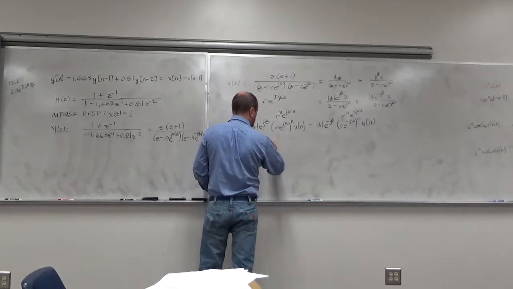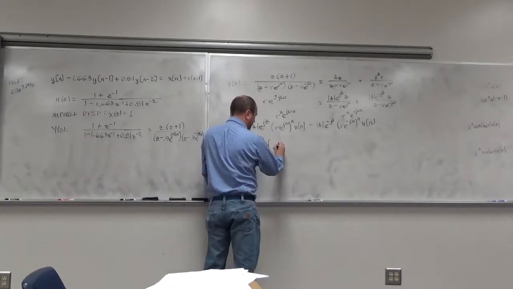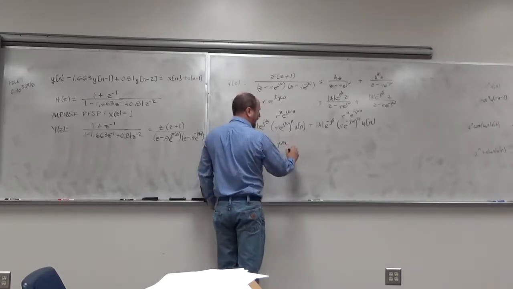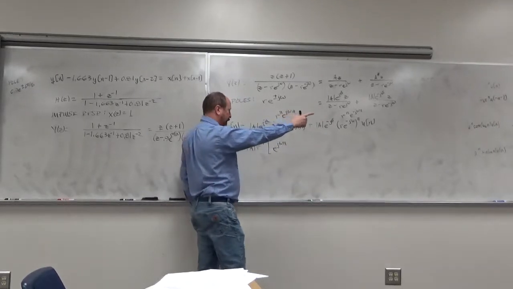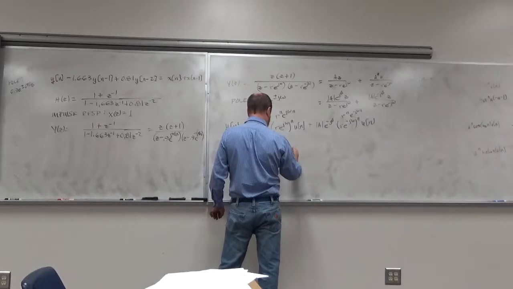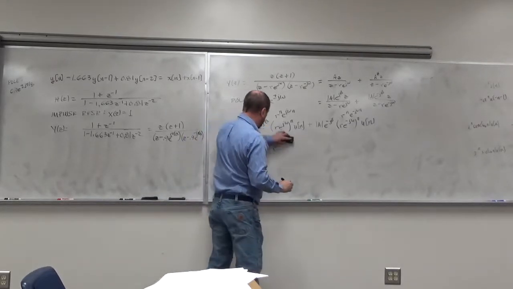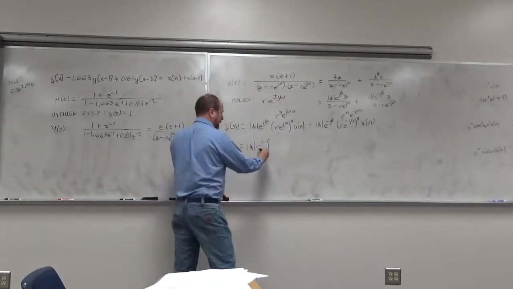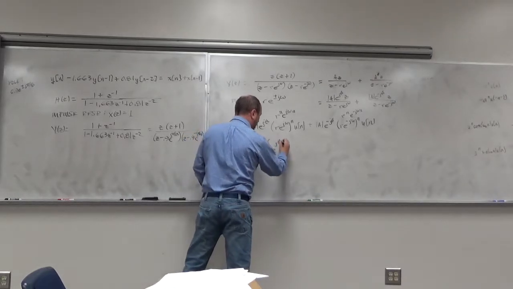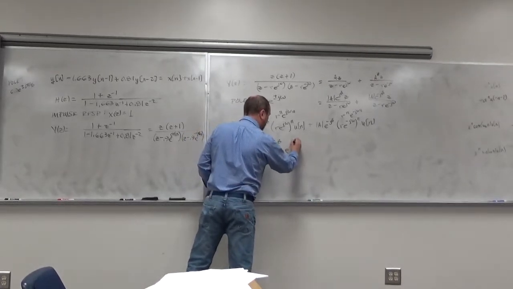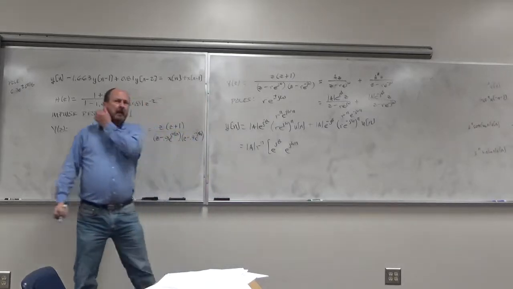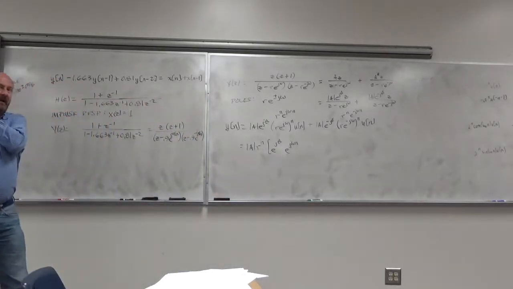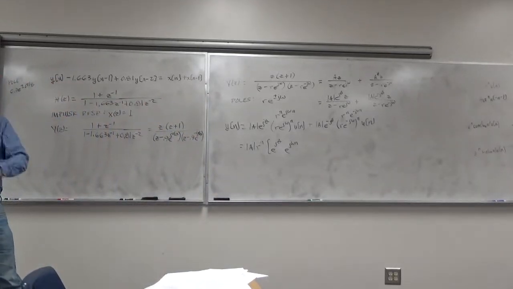And then it will give us this term e to the j omega n, and I'm going to factor the u of n out on the right-hand side. Oh, no, I left something out, didn't I? I left out e to the j theta. E to the j theta times e to the j omega n. Tell me if you agree with that first term. Multiply them back out. Is it the same? All right?